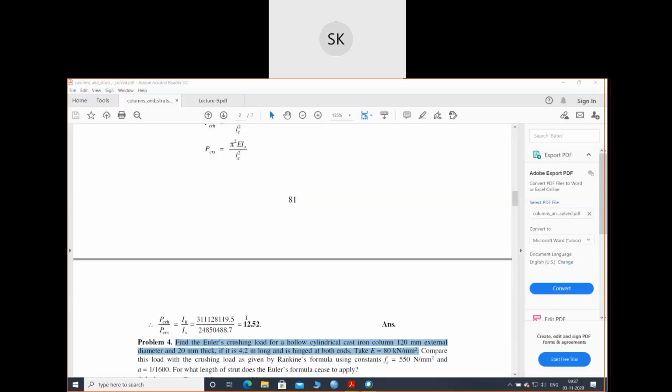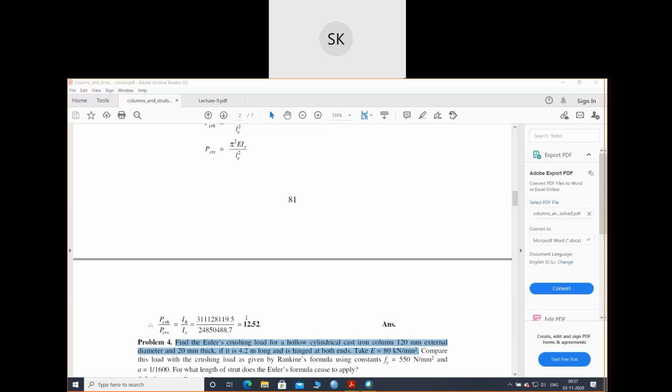We should sit with pen and paper. So either mug up the I values for different plane figures and some I section, H section, or try to understand how to find the I values. Either mug up or you understand.